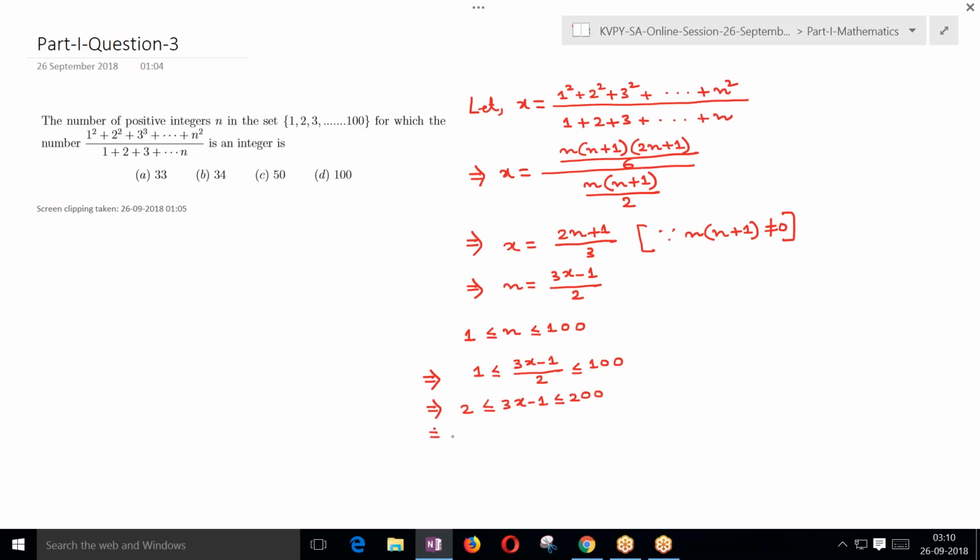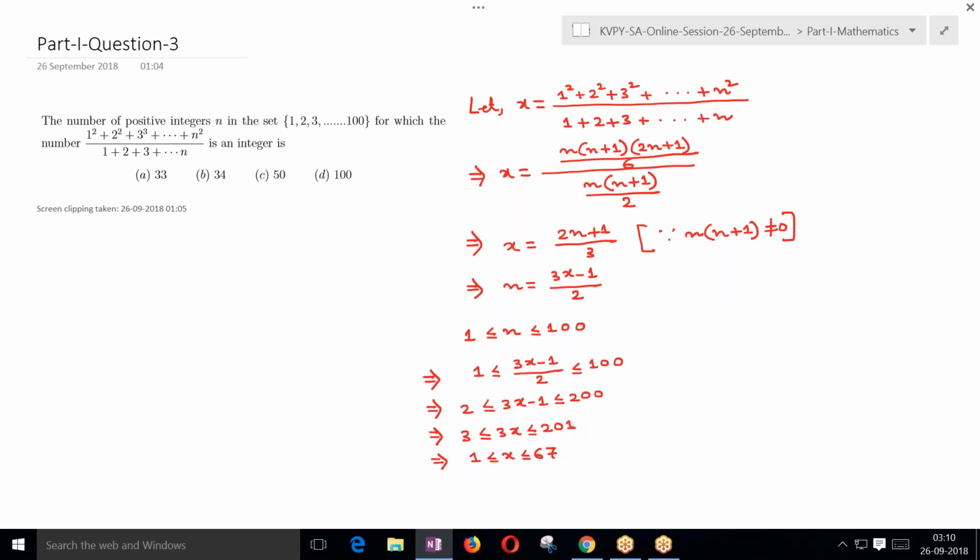So this implies 3 less than or equal to 3x less than or equal to 201. Now we divide it by 3: 1 less than or equal to x less than or equal to 67.